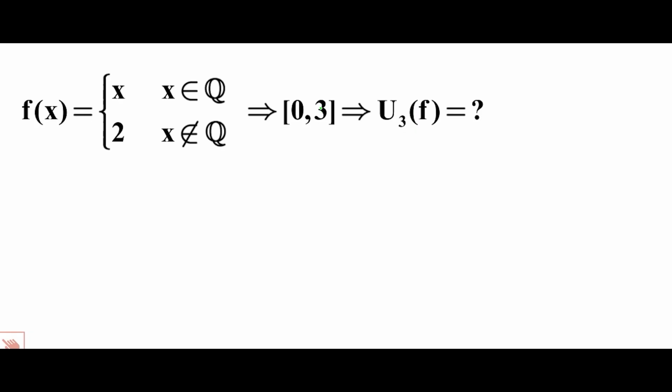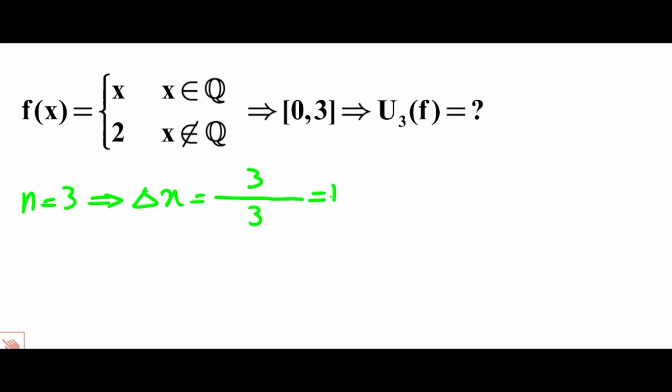Step 1. Set up the subintervals. The interval is 0 to 3 and we have n equals 3. So delta x equals the total length, 3 minus 0 is 3, over the number of intervals, 3.